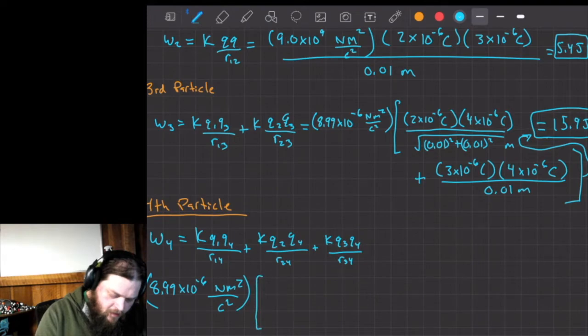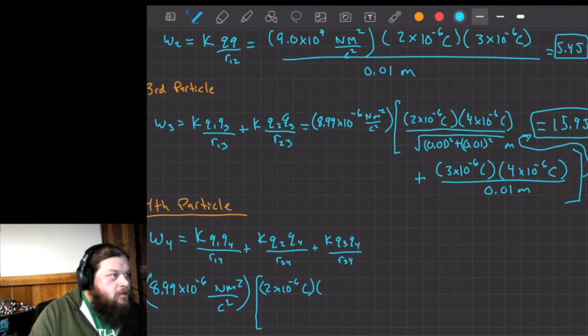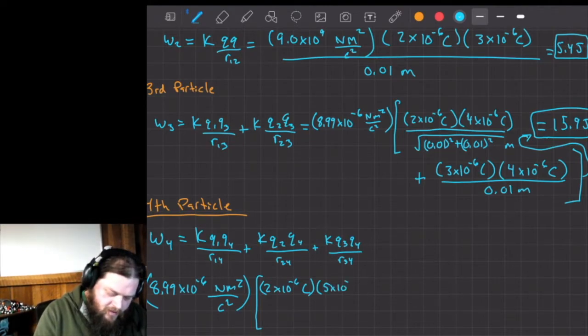And I'm going to add up then all of the charges. Q1 is 2 times 10 to the negative 6 coulombs. Multiply that by Q4. So Q4 was 5 microcoulombs, 5 times 10 to the negative 6 coulombs.